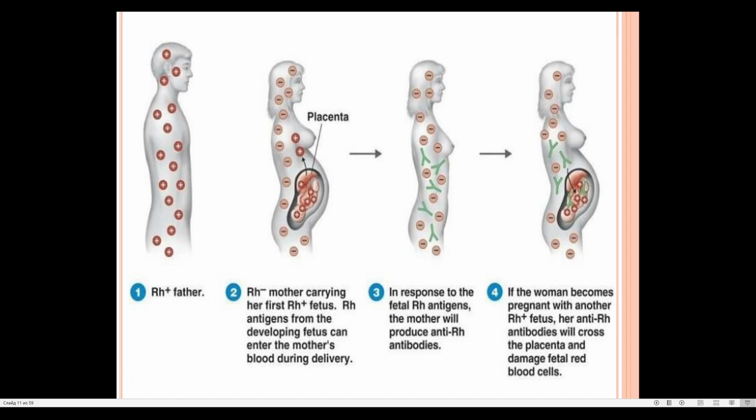Firstly, immunoglobulins M, which are too big to cross through the placenta, but later immunoglobulins G, which are small enough to cross the placental barrier. And if the woman becomes pregnant with another rhesus positive fetus, her anti-rhesus antibodies G will cross the placenta and damage fetal red blood cells, leading to hemolysis.